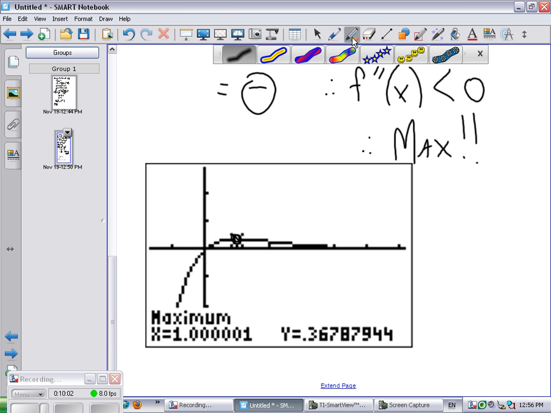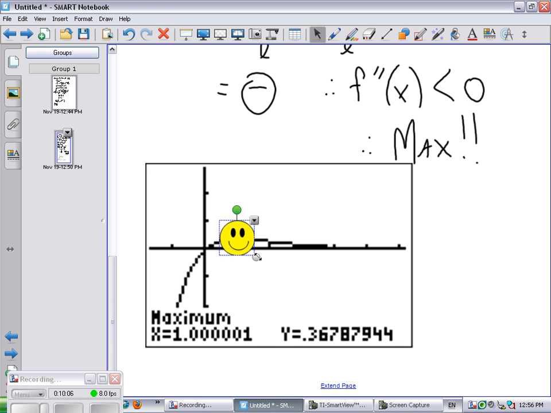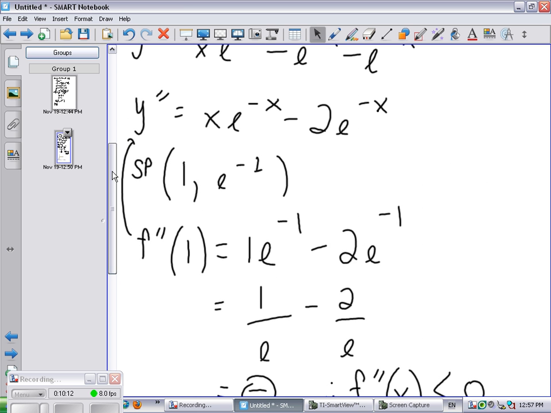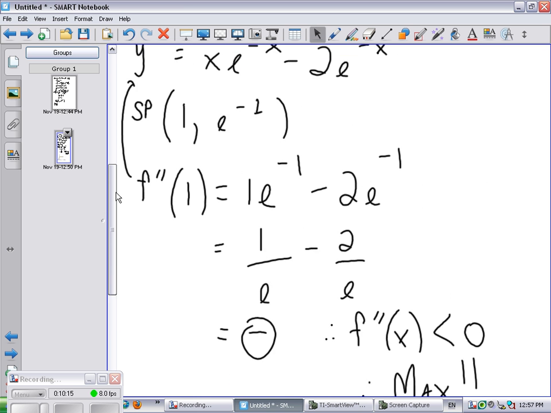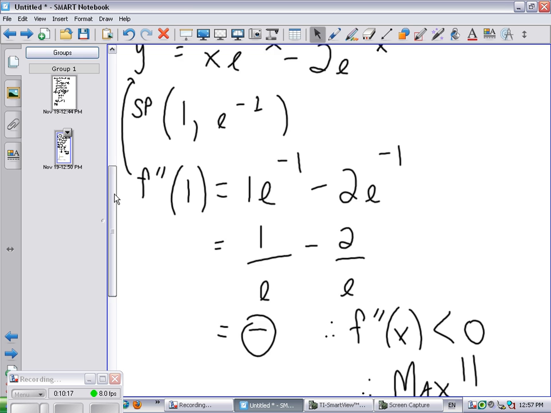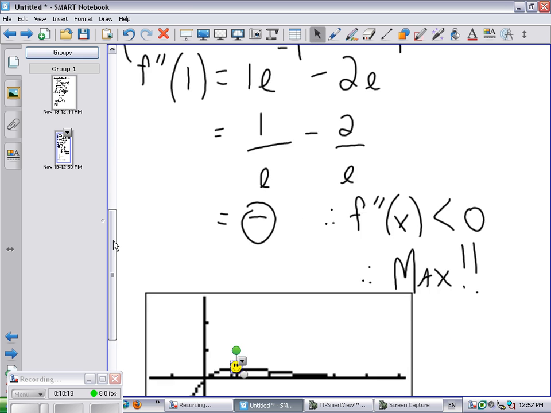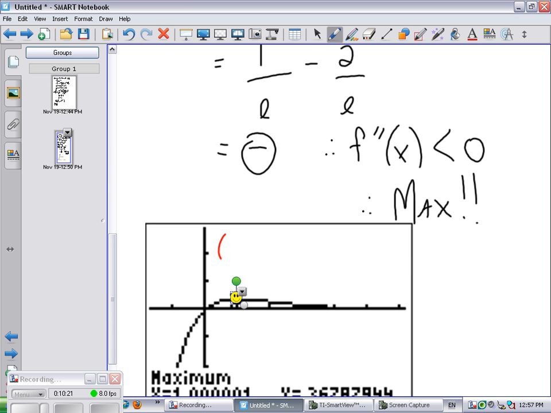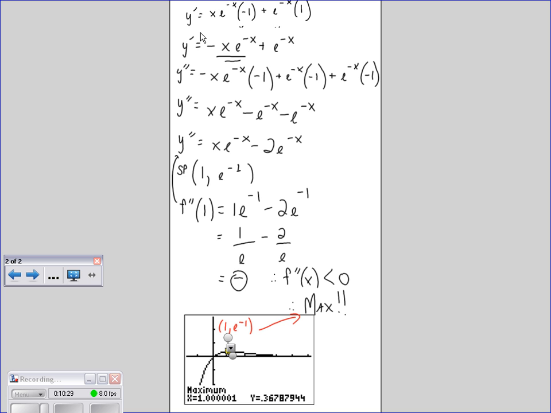And that point, that's a bit too big. That point is a max, and the max is at 1, e to the negative 1. So 1, e to the negative 1 is a max. That's what we said it was. Okay, so that's what the entire second part of that solution would look like. This question didn't ask us to find stationary points, but if it did, you would know what to do now.